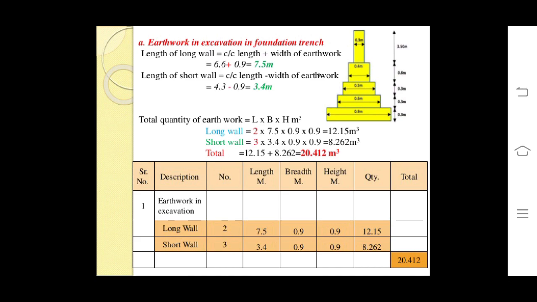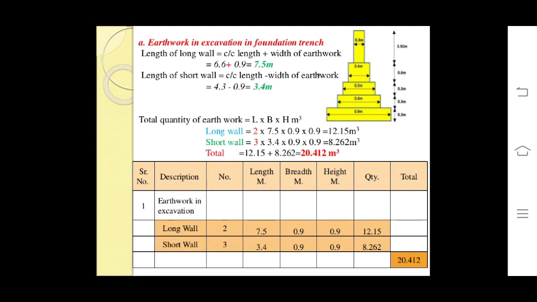By the long wall short wall formula, the long wall length is calculated by the addition of half width of the item from both sides to the center line length, and the short wall length is calculated by the deduction of half width of the item from both sides from the center line length of the short wall. Total quantity of earthwork is then calculated by multiplication of length, breadth and height.